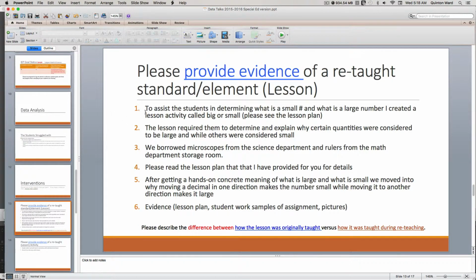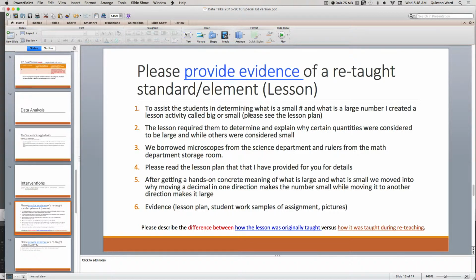Okay, point number 1. To assist the students in determining what is a small number and what is a large number, we created a lesson. First of all, we retaught the lesson, doing it a different way than we did in the original presentation. We created a lesson activity to go along with that lesson called Big or Small.